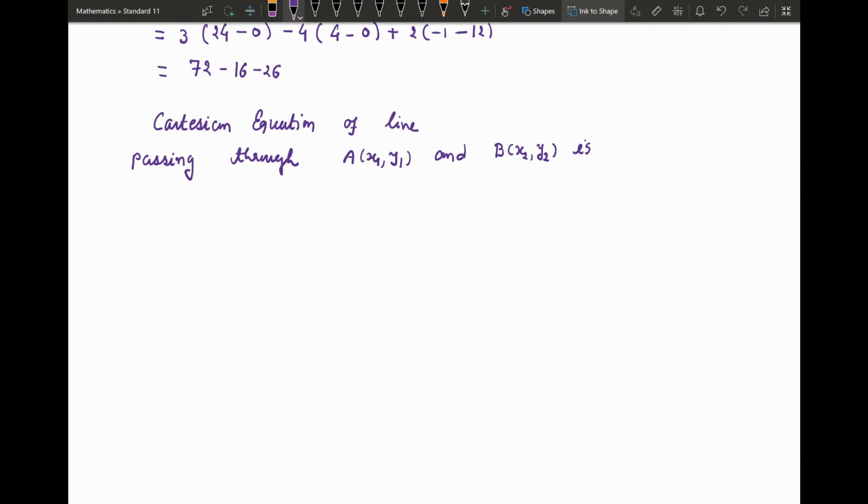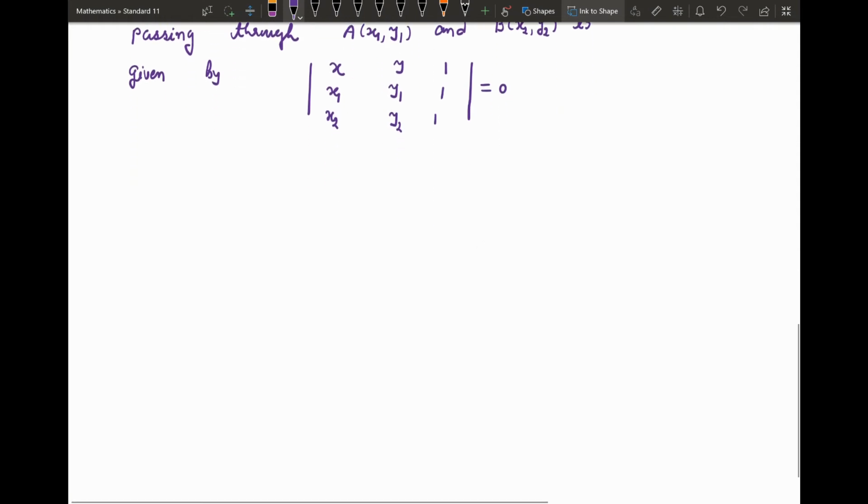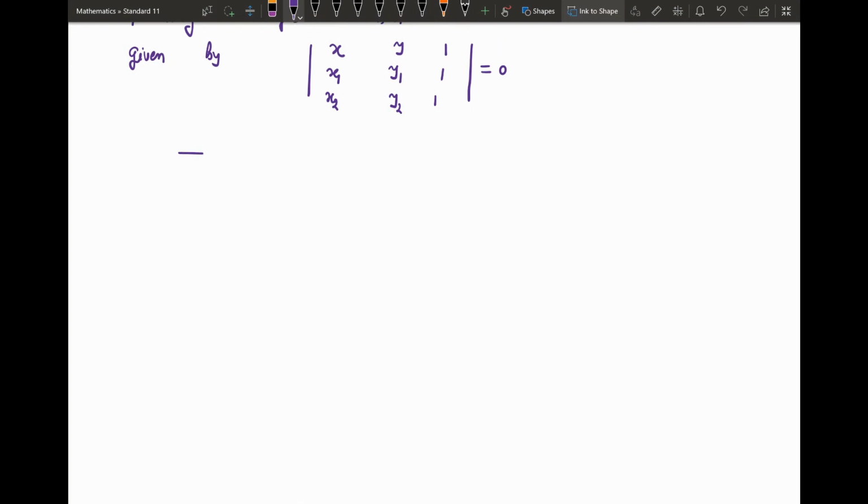It is given by the determinant x y 1, the coordinates of A x1 y1 1, x2 y2 1 equal to 0. So this is the equation of line AB, the Cartesian equation of line AB.